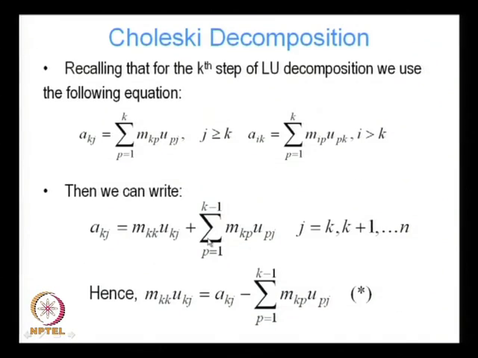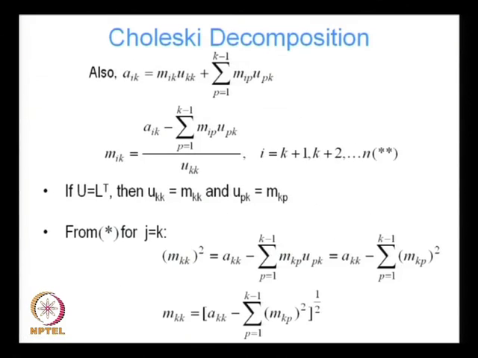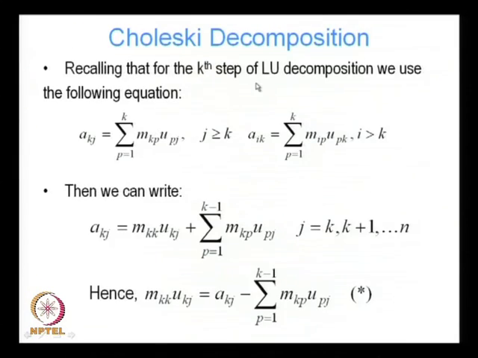In the next slide we have the second equation, which is A_IK is equal to M_IK U_KK plus sigma p equal to 1 to k minus 1 of M_IP U_PK, which is basically the earlier equation after I have taken the kth term outside the summation sign.